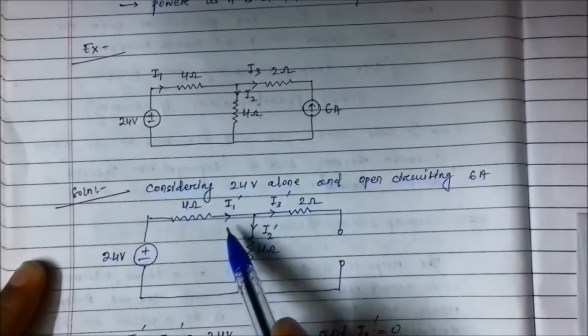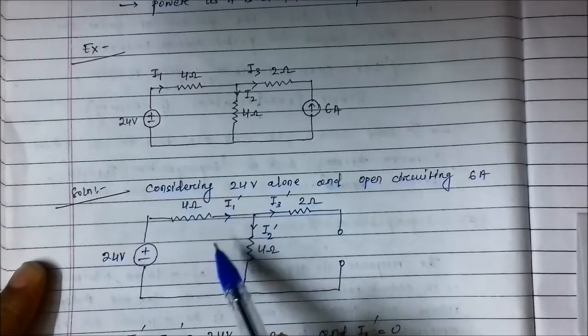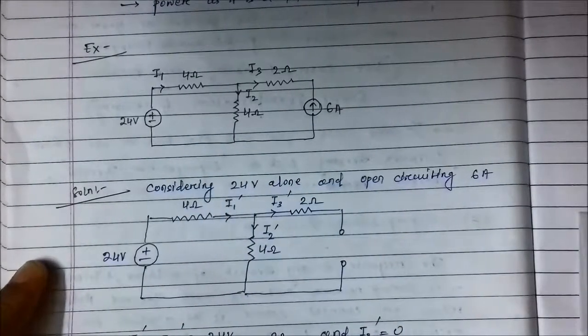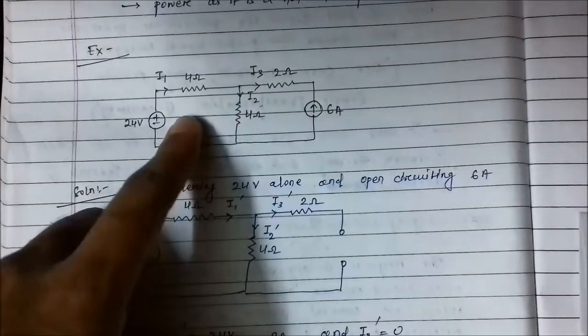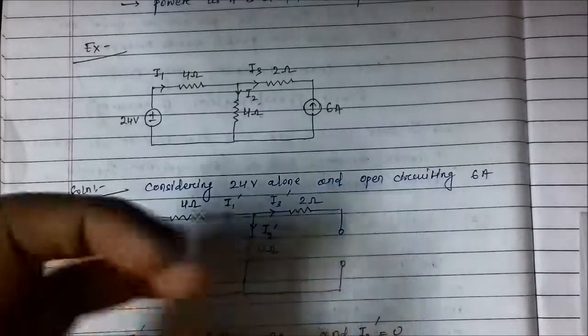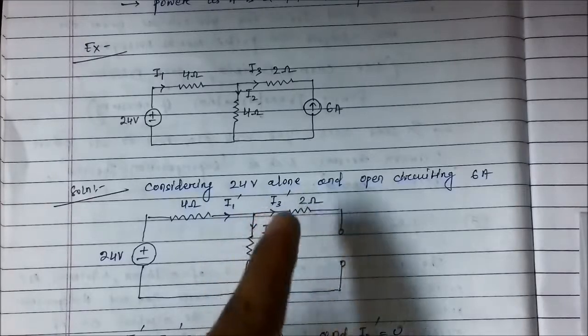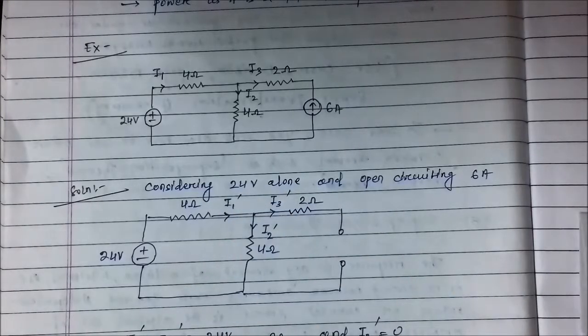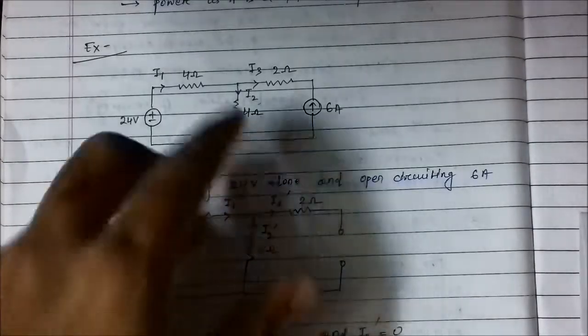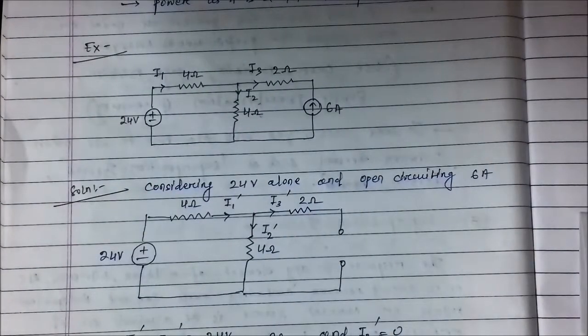Here also the directions of the currents are the same as we have taken in the reference diagram. When we take a single source, if the direction of the current which we get and the reference direction are the same, the values of currents are added, meaning a positive sign is given.